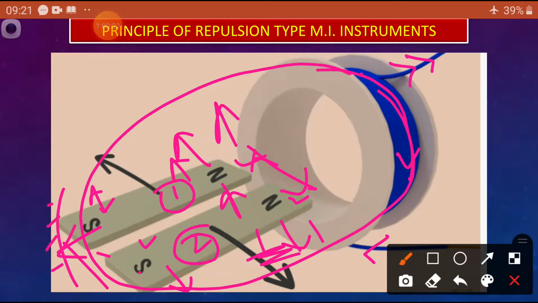If there is more repulsion, it will go further. So the pointer also moves over a calibrated scale. How much current is flowing in the coil depends on the movement of the pointer on the calibrated scale, which indicates the value of the current flowing in the coil.